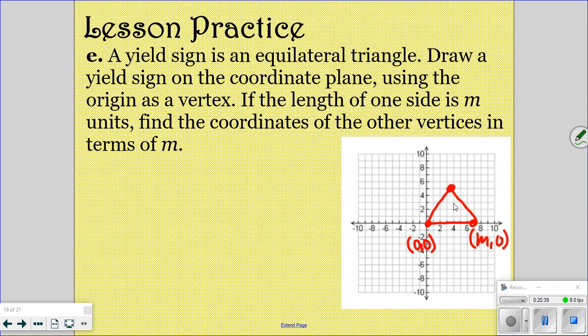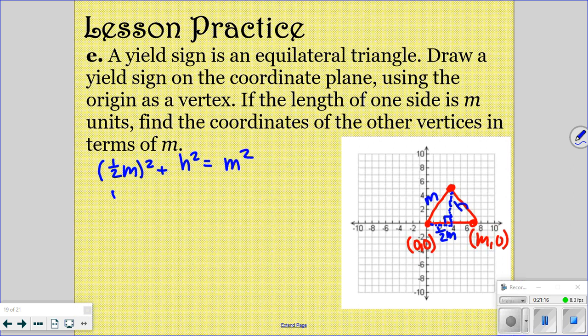So I'm going to come over here. We know the length of this side has to be equal to m. This is a right angle here, and then this is half of m. So we're going to use Pythagorean theorem to find the height here. So 1/2 m squared plus h squared equals m squared.